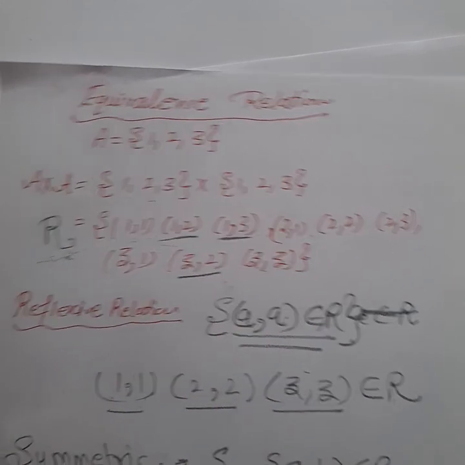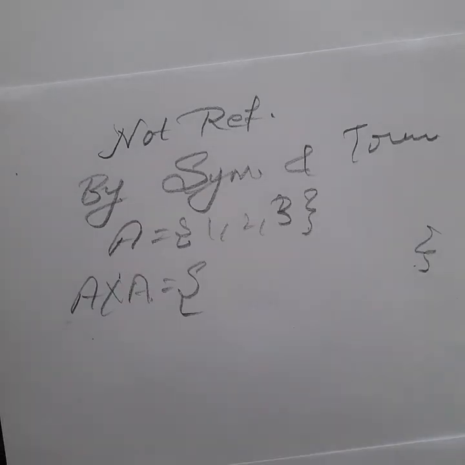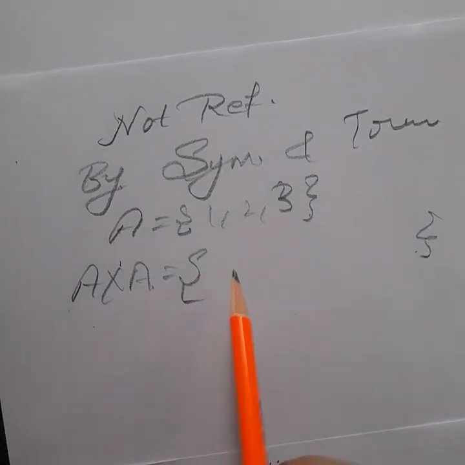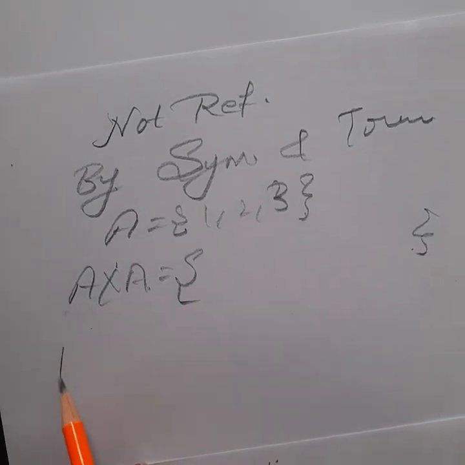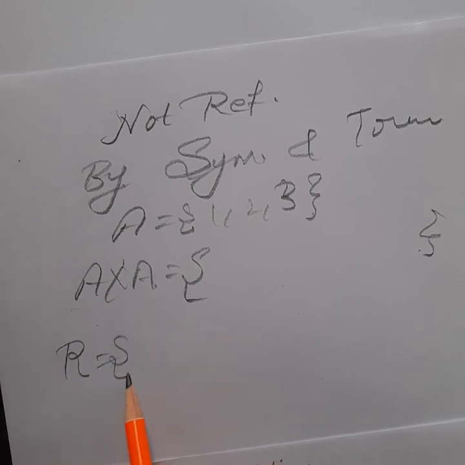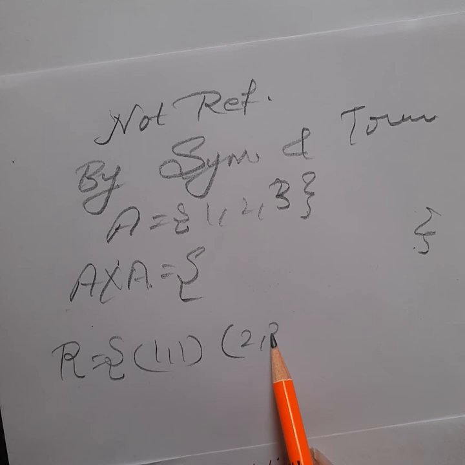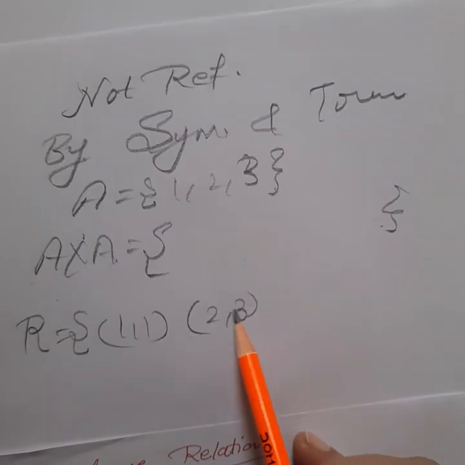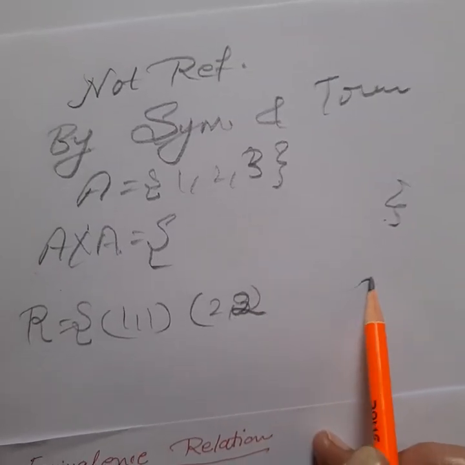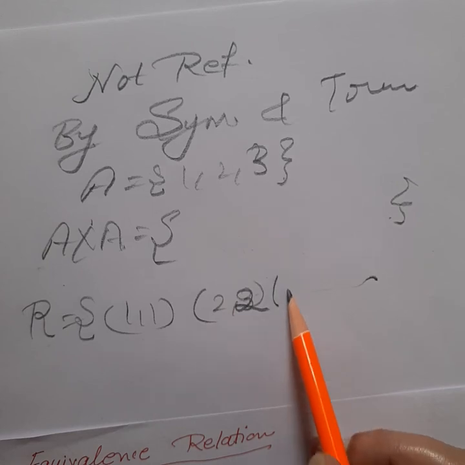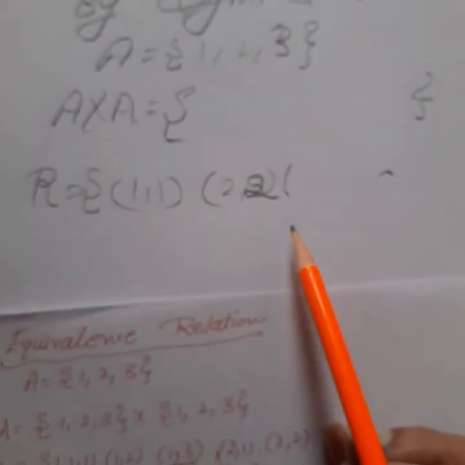Okay, you can eliminate any one of them. Like in A cross A, we have all types of elements, and when we make R, then we write (1,1), (2,2). We do not write (3,3). Okay, and all the other elements you can write as they are.